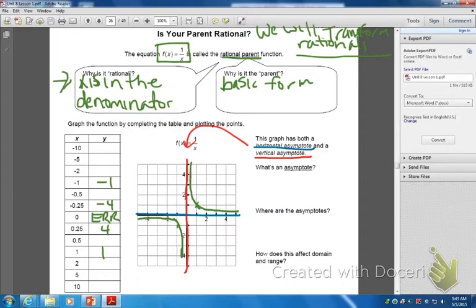Remember what your asymptote is. It is a line that your graph approaches but never reaches, right? Your asymptote, a line that the graph approaches but never reaches.